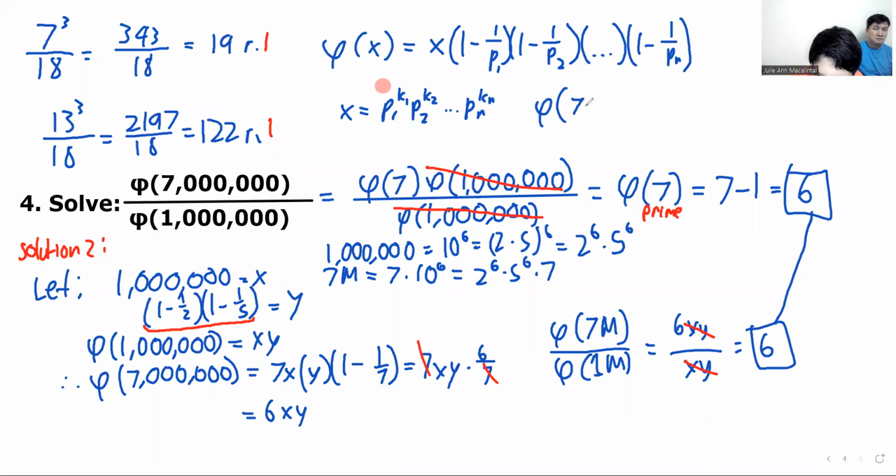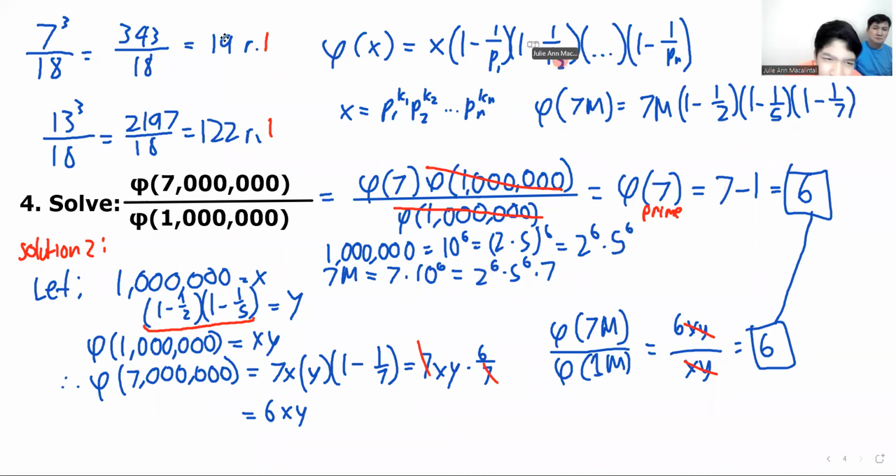Phi of 7 million is equal to 7 million itself times 1 minus 1 over the first prime factor, times 1 minus 1 over the second prime factor, times, of course, 1 minus 1 over the last prime factor, which is 7.